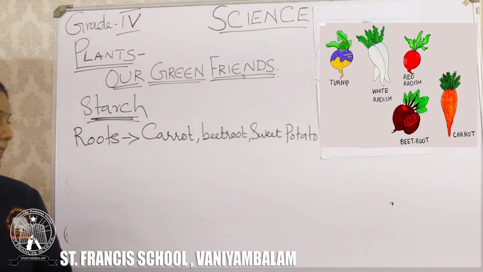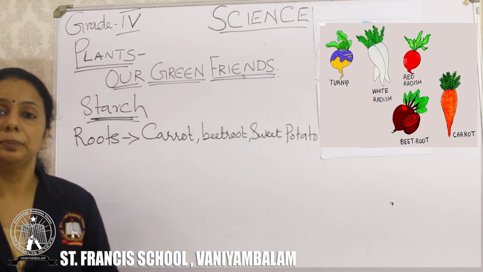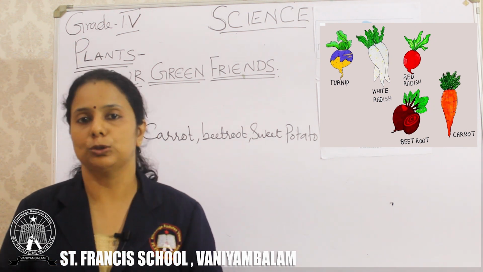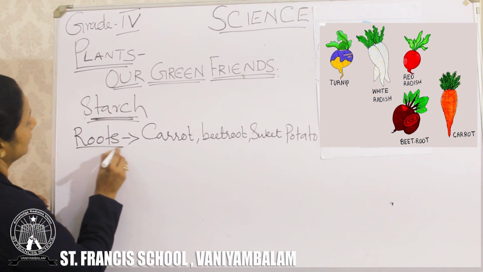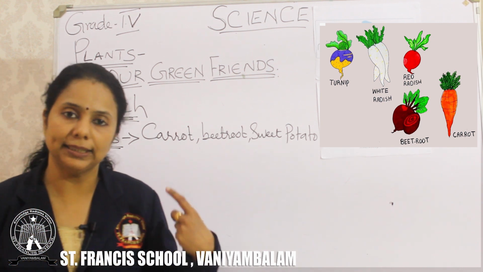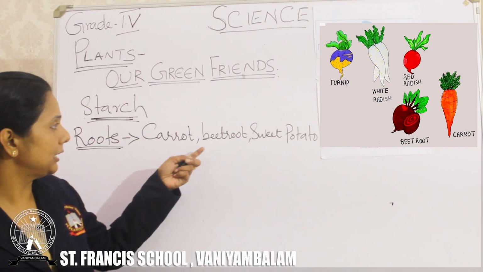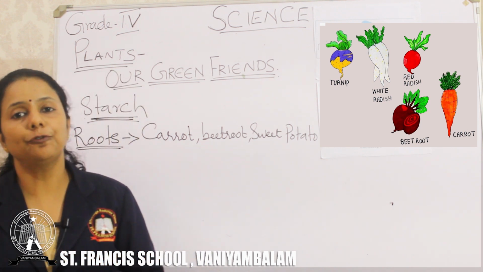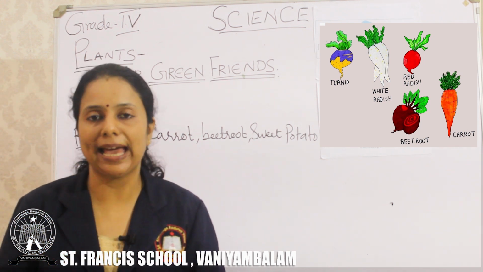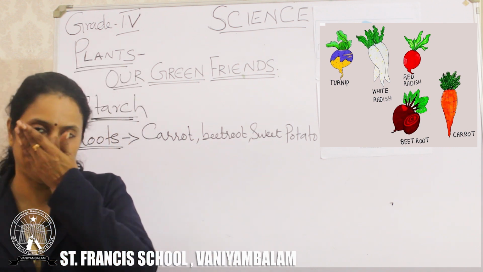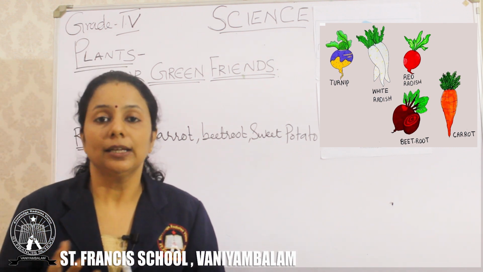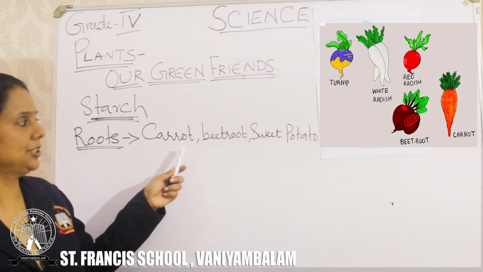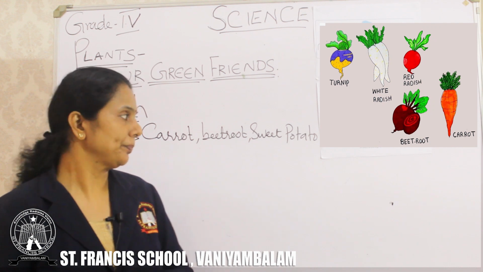So these are all examples of plants in which the food is stored in roots. Otherwise we will call these root vegetables. These carrot, beetroot and sweet potato are called root vegetables because the food is stored in the roots and we use the roots of the plant. Okay, we use the root of the plant as vegetables. Examples: carrot, beetroot and sweet potato.